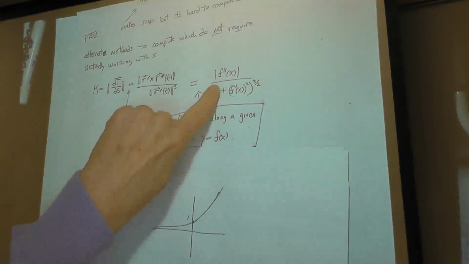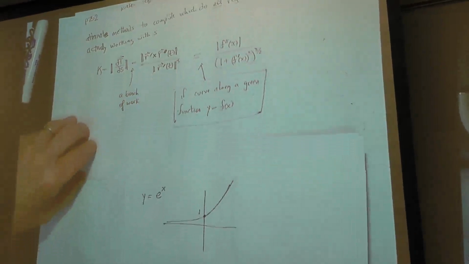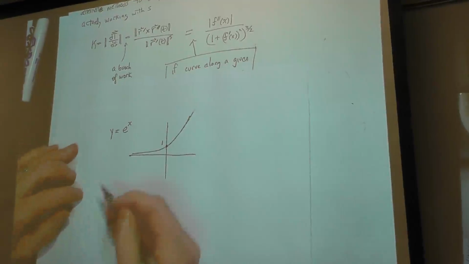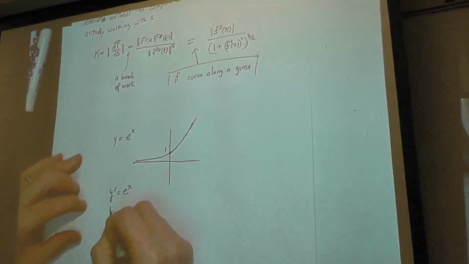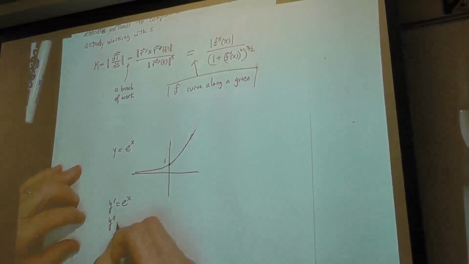Okay, so we have a function, so we can simply compute this. y prime is e to the x, and so is y double prime.